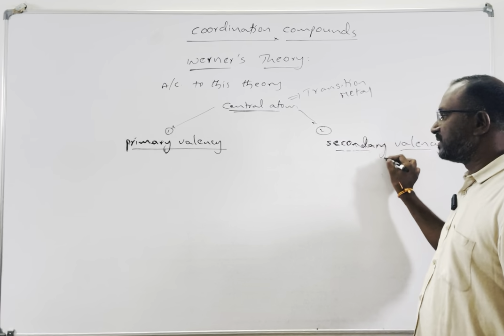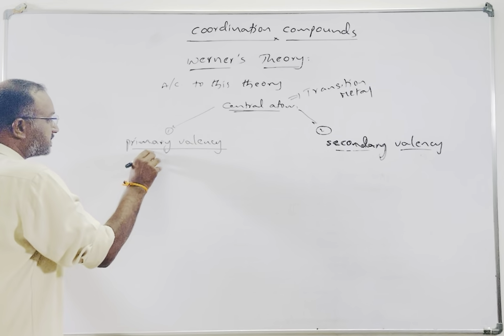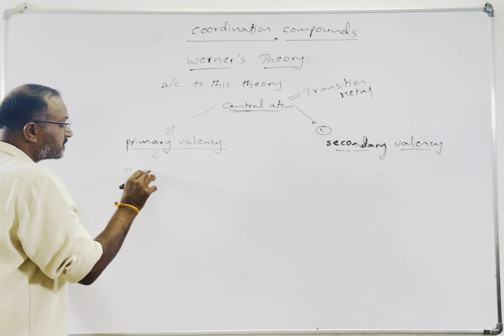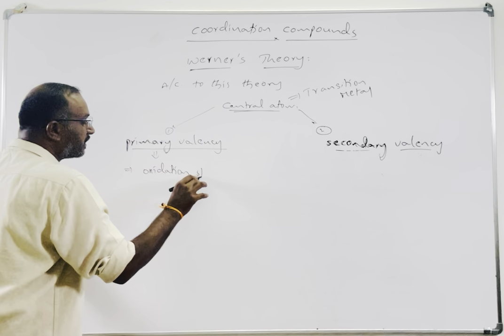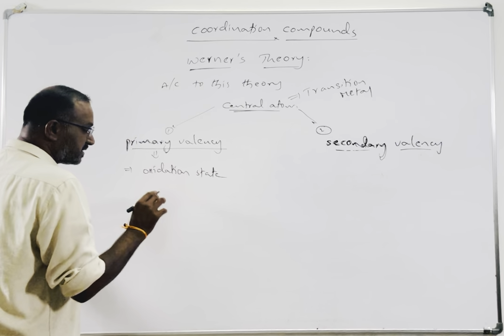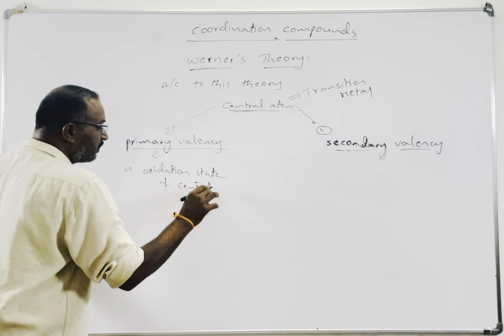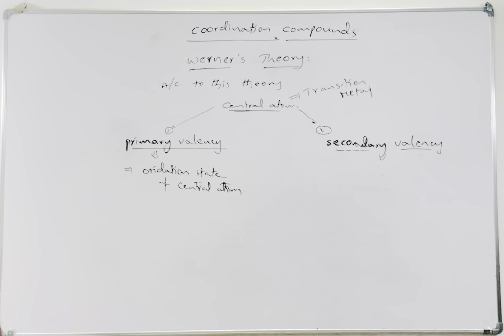So what does primary valency mean? Primary valency is nothing but the oxidation state of the central metal atom in the coordination compounds.